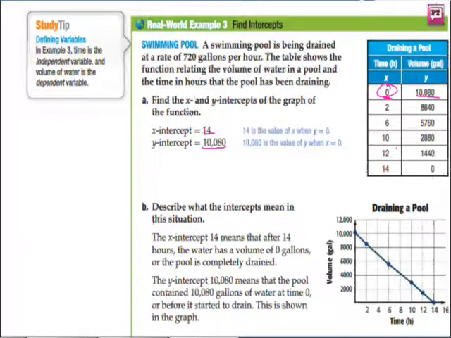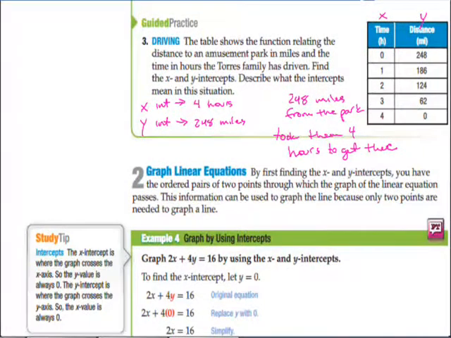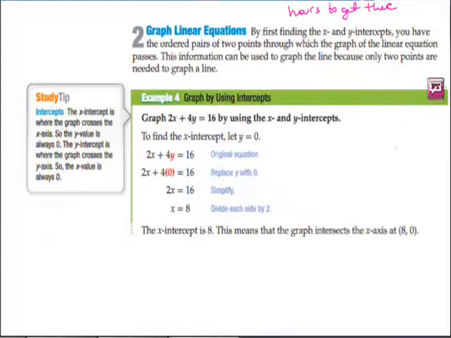All right. Now let's look at how we're going to graph these. A really simple way of graphing lines when given in standard form is to use the intercepts. Okay, so I can find the x-intercept, I can find the y-intercept, I put those 2 points down and I can graph. Okay, really simple.